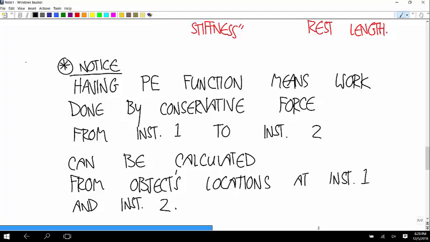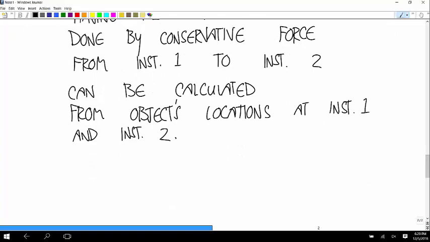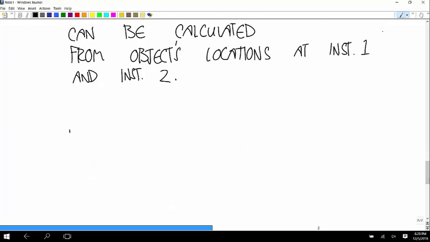Generally speaking, for non-conservative forces, calculating the work is a lot harder than that. It's a lot more complicated. We're not going to get into how to do it.